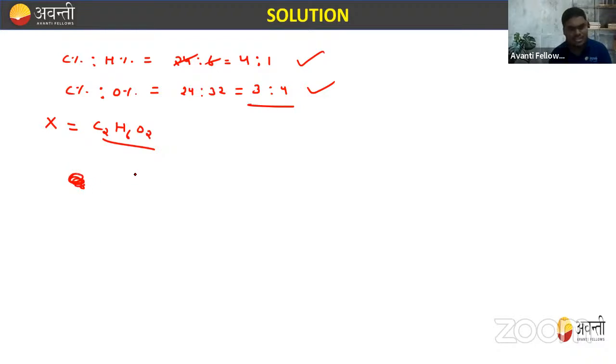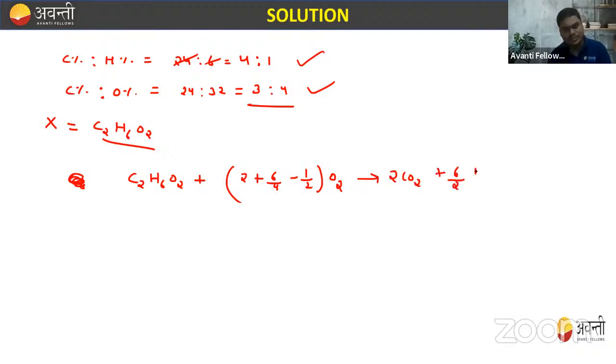So let me write the combustion reaction like C2H6O2, and they react with oxygen. So always remember how to write the reaction like 2 plus 6 by 4 minus 1 by 2, and that's O2. This will give us 2CO2 plus 6 by 2 H2. ठीक है? 6 by 2 H2.